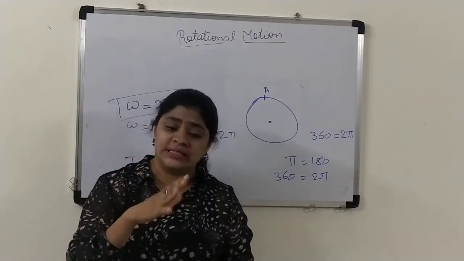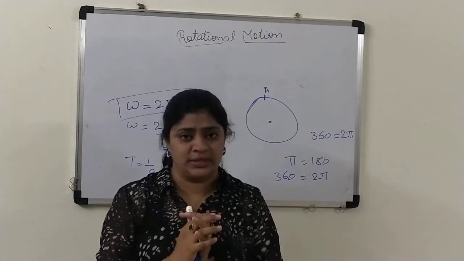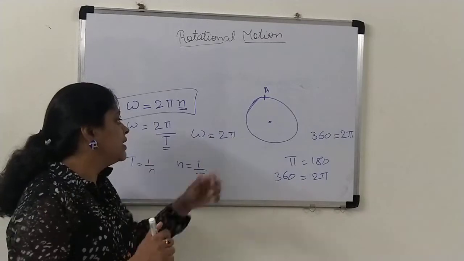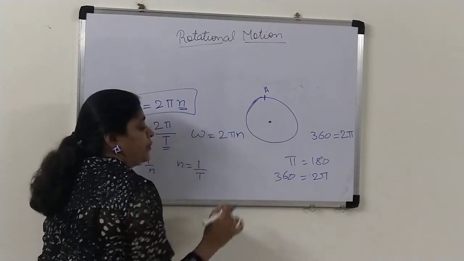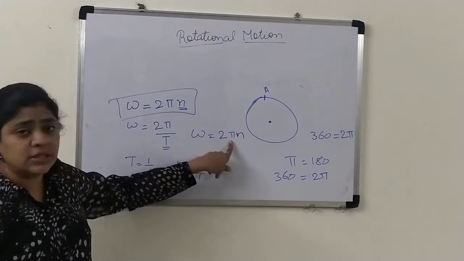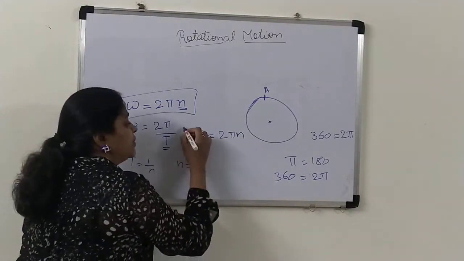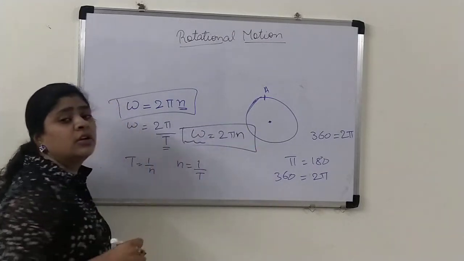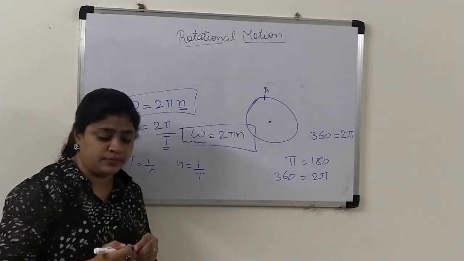This number of circles covered makes your frequency. The complete angle with your frequency gives your speed. This is your angular velocity.